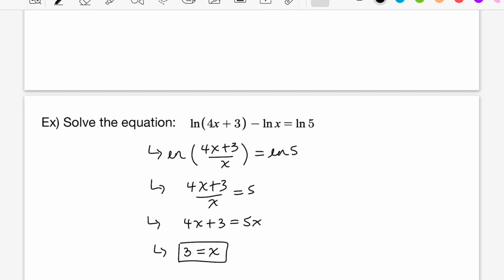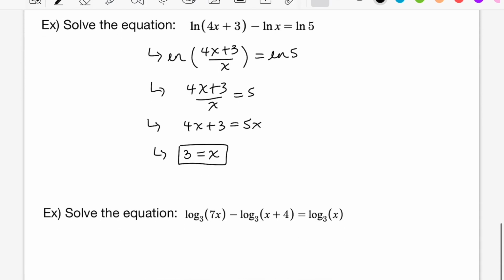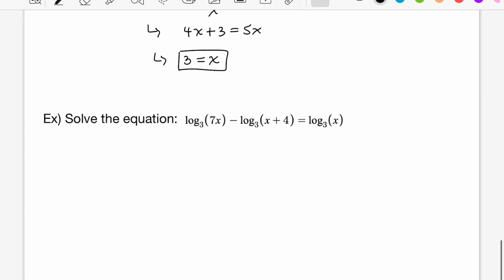All right. For the next example, we'll also use this property, but again, first thing you're going to want to do is write this as a single log. So on the left-hand side, we'll have log base 3 of 7x over x plus 4 is equal to log base 3 of x on this side.